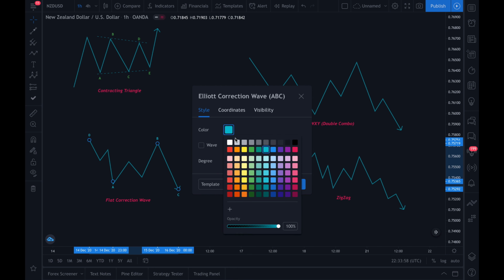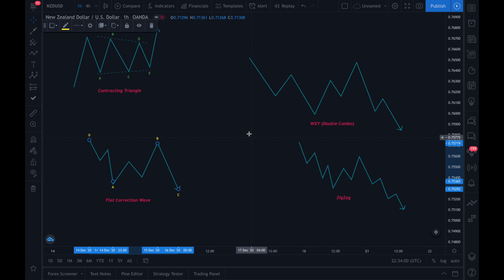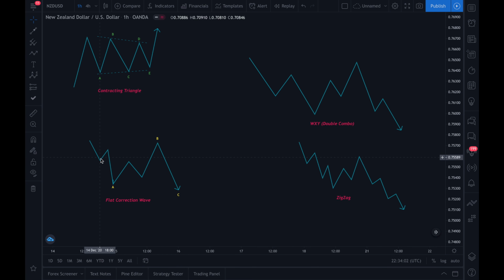So this is going to be A, B, C within this A wave, A, B, C within this B wave, and then C will be your final impulse wave, the five-wave structure we just talked about. C is going to be the impulse wave: wave 1, wave 2, wave 3, wave 4, wave 5. I hope this strategy makes sense.